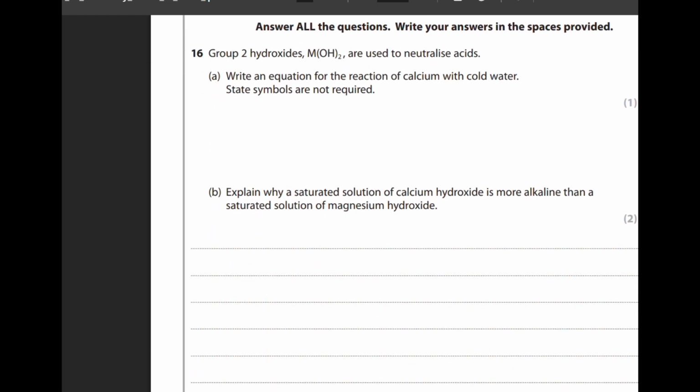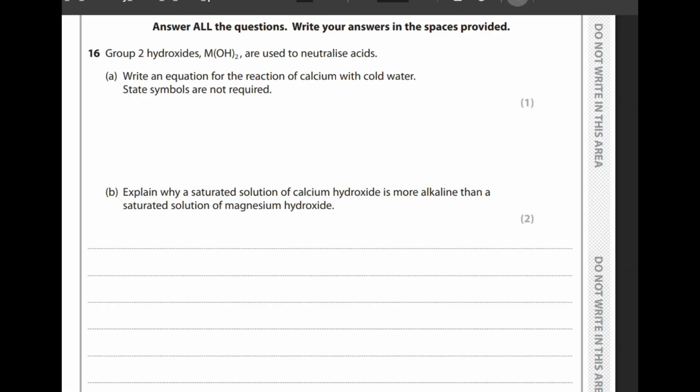Now section B, question 16. Write an equation for the reaction of calcium with cold water. When calcium reacts with cold water, it forms calcium hydroxide.